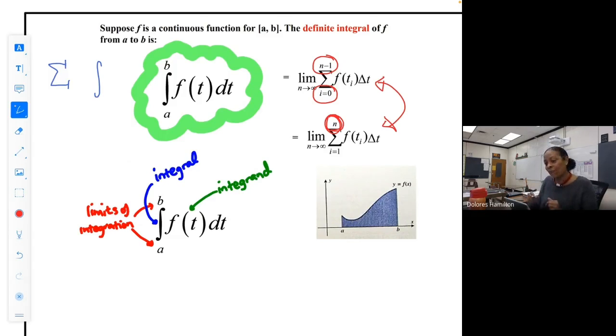So we're now replacing the i going from 1 to n, and we can write our a to b. a represents our lower limit of integration, and b represents the upper limit. So that's pretty much saying the integral. We're taking that definite integral from a to b, and we're replacing f of t sub i with just f of t.